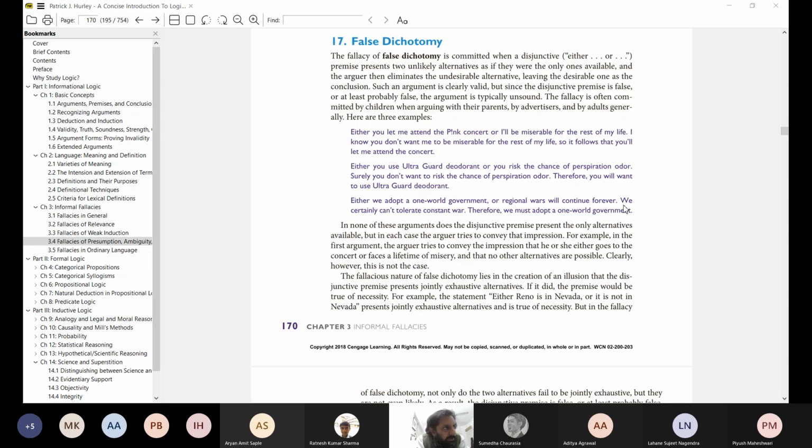It's interesting, I hadn't thought about this when I was preparing for class, but maybe Hurley made the mistake of choosing examples that could illustrate lots of different sorts of problems, like vagueness or false implication. But the particular thing to watch out for in this category of false dichotomy is the limited options that are presented to you.